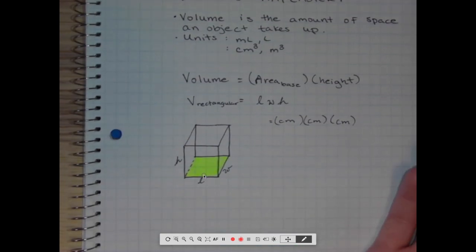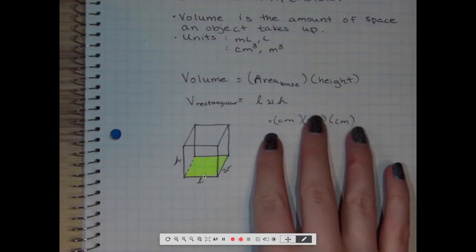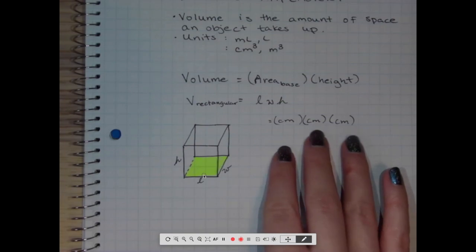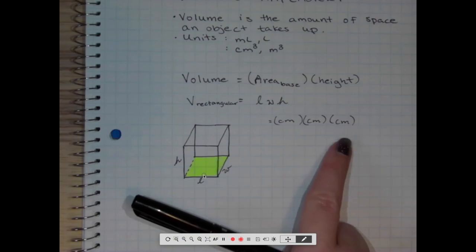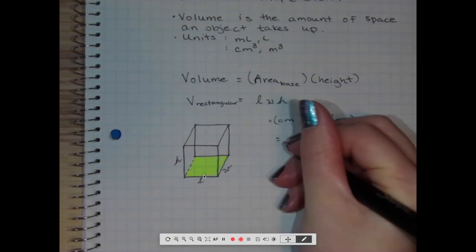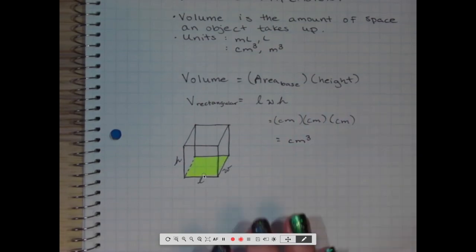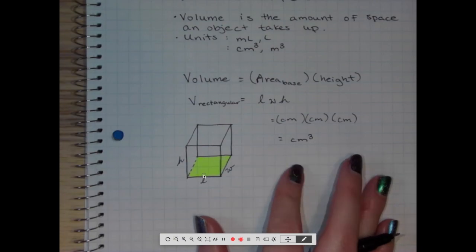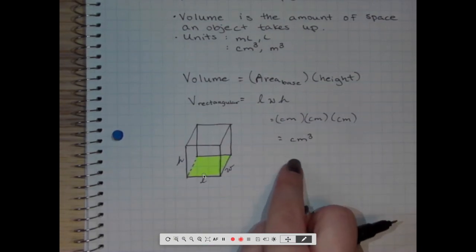But we know when we talked about squared, we had two of the same thing multiplying by each other. So when we are saying it's cubed or to the power of 3, there are 3 of the same being multiplied by each other. So this would end up being centimeters cubed. You need to keep that in mind for all of volume. Having the centimeters cubed will be very important.